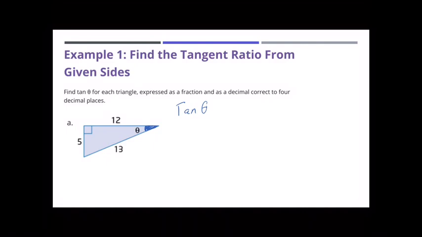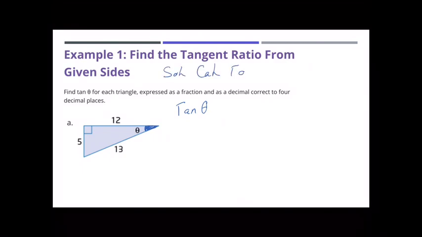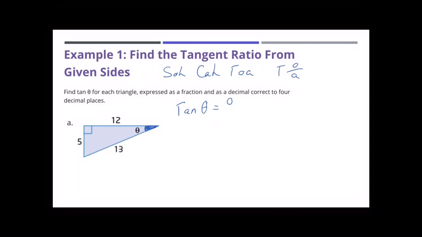So this is theta in that corner. So we just need to know SOHCAHTOA. So our T is opposite over adjacent. So tan theta equals, what is opposite to it?